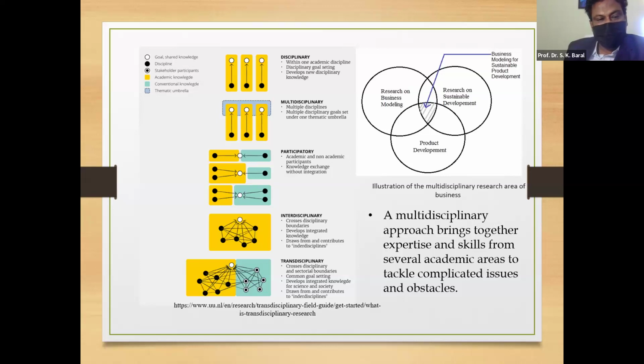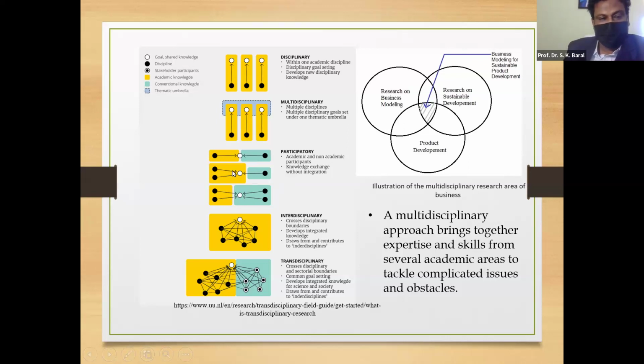In second, you see 2 disciplines are there. One common point is there. Here, when 2 disciplines came together, here conventional knowledge having 1 discipline.